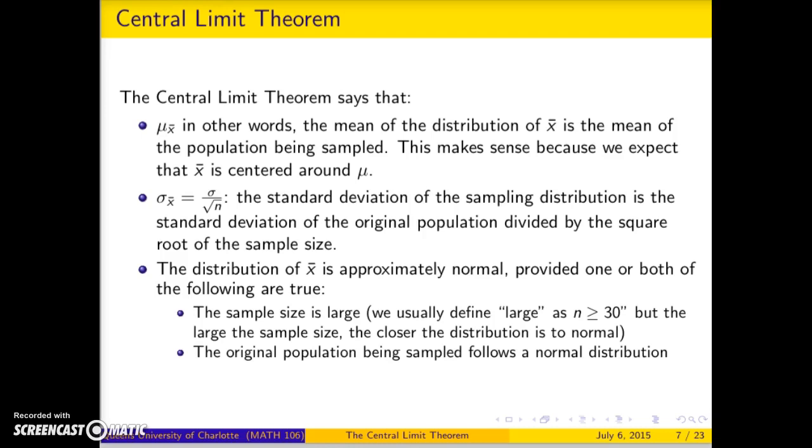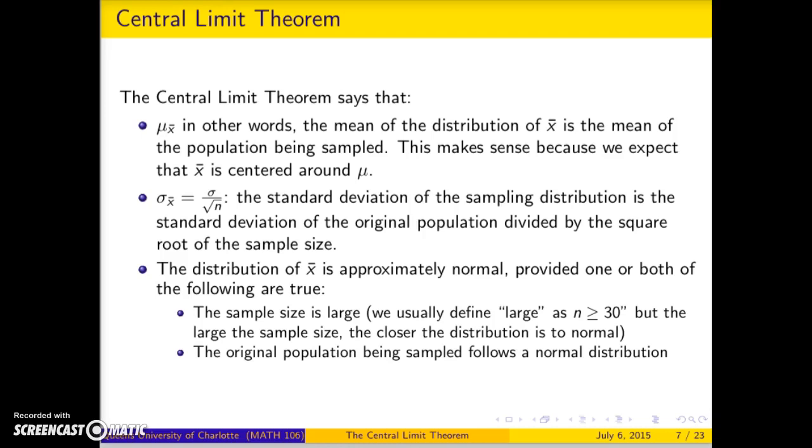So think of it this way. If you have a distribution of individual values, that's going to be more spread out than the distribution of a bunch of sample means. Because every time you take a sample mean, it pulls in those extreme values, those outliers. So the distribution of a bunch of middle values is not going to be as spread out as the original distribution of values.